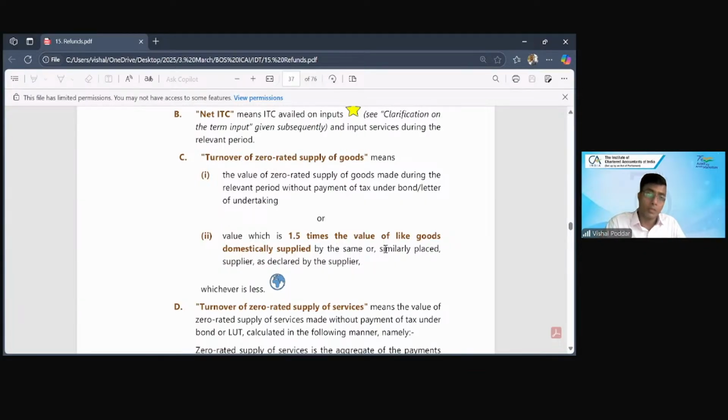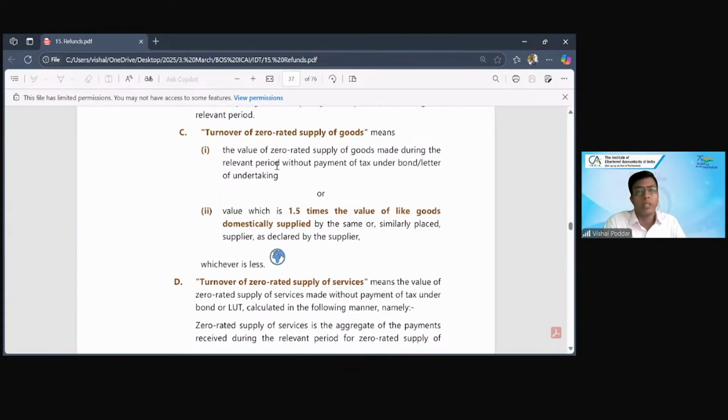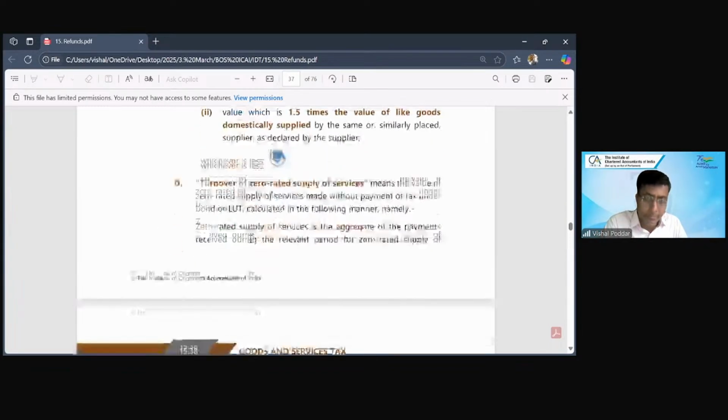So this is the presumption of law. That is why the law has brought out this condition of 1.5 times. So you have to take your export value, which you are showing on your export documents, or you have to find out this value, compare the two, and take whichever is less.